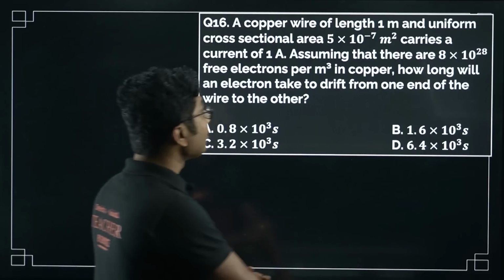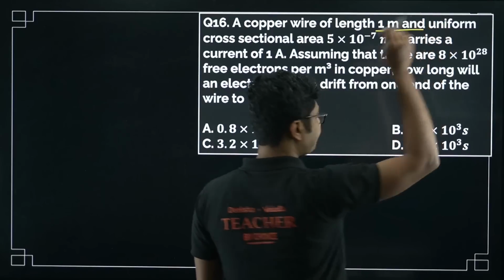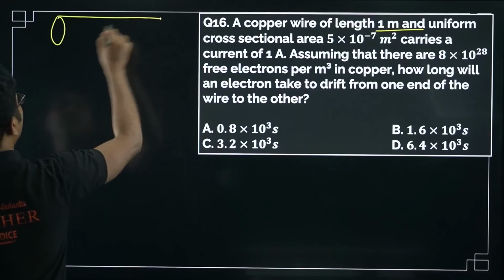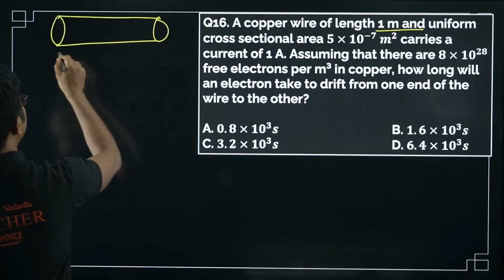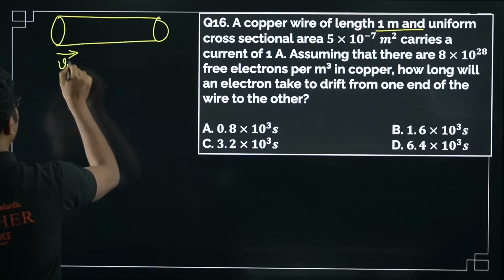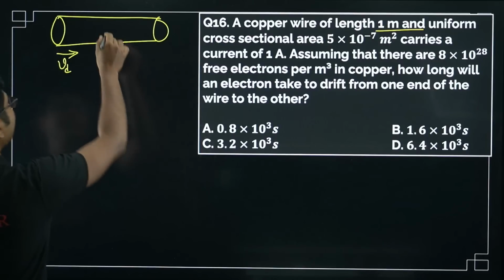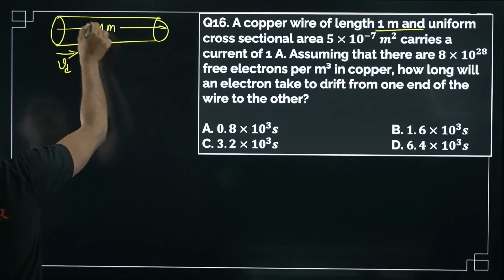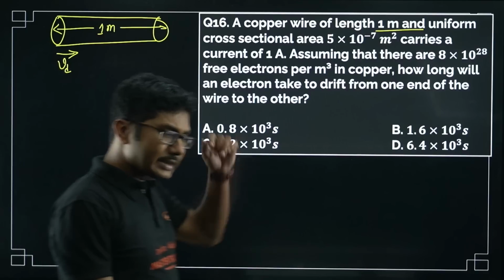Okay, so the length of the copper wire is given, 1 meter. So basically here we have a rod, and an electron starts drifting from here. How long will it take to cover this 1 meter distance? So basically it's a distance-time problem.